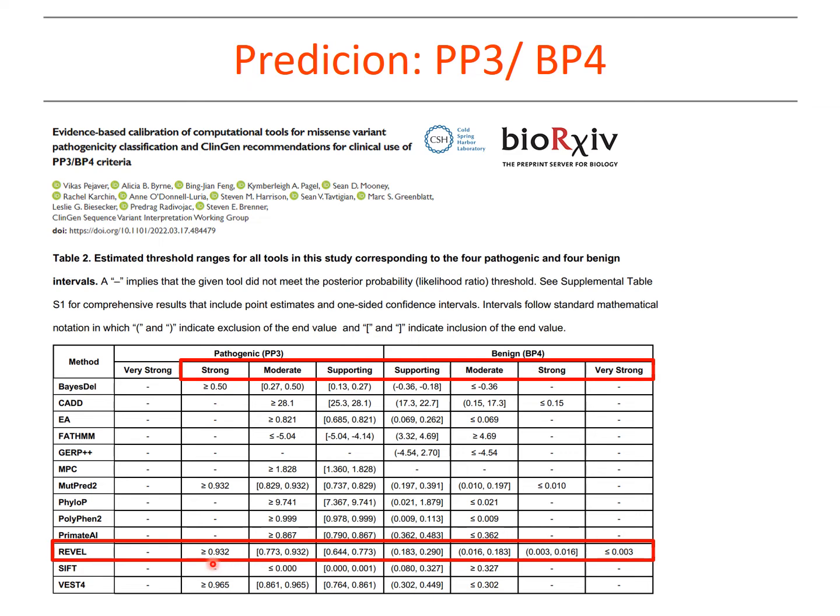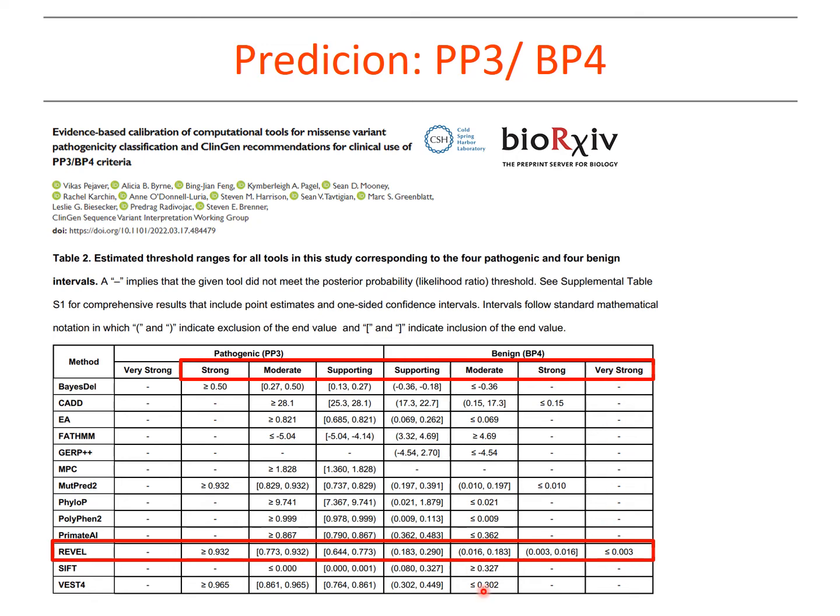As you can see, I marked REVEL because we use REVEL, and you see here the broad range of the REVEL scores from 0.932 to 0.003. You can see that this would translate to PP3 strong or even PP4 very strong, depending on the score. Normally, only supporting could be used, but now they suggest broadening the use to supporting, moderate, strong, very strong, depending on the scores.